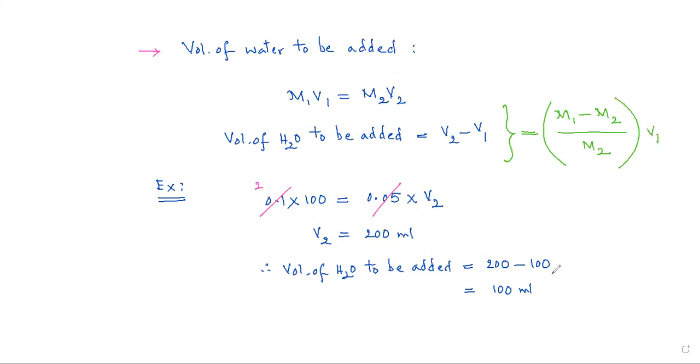Supposing if that is used in this case, see, M1 is 0.1, M2 is 0.05, by again M2 0.05 into V1 is 100. Simple.